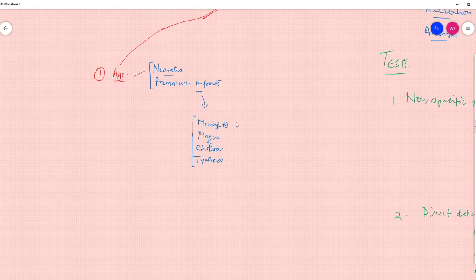These are all infections which are very common in pediatric, premature and neonates in India. Okay. So the drug of choice in this case is chloramphenicol.